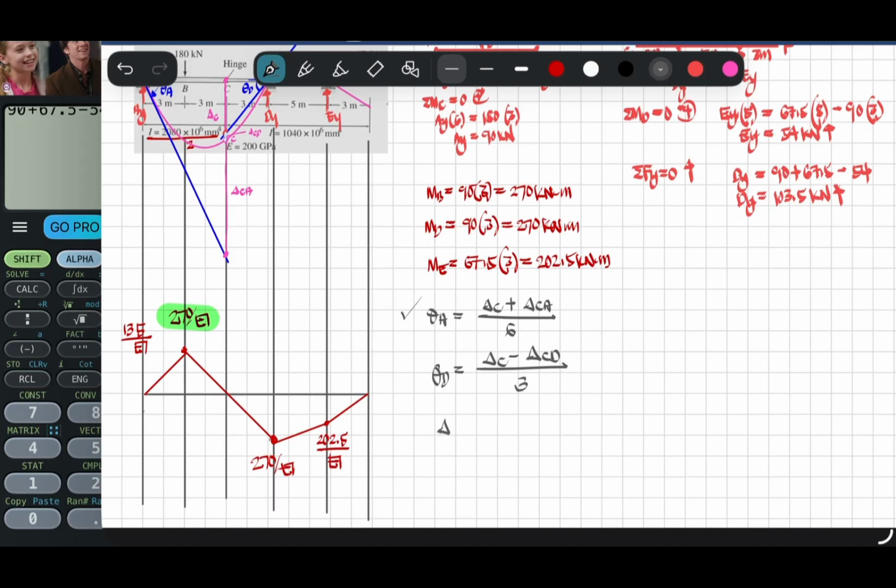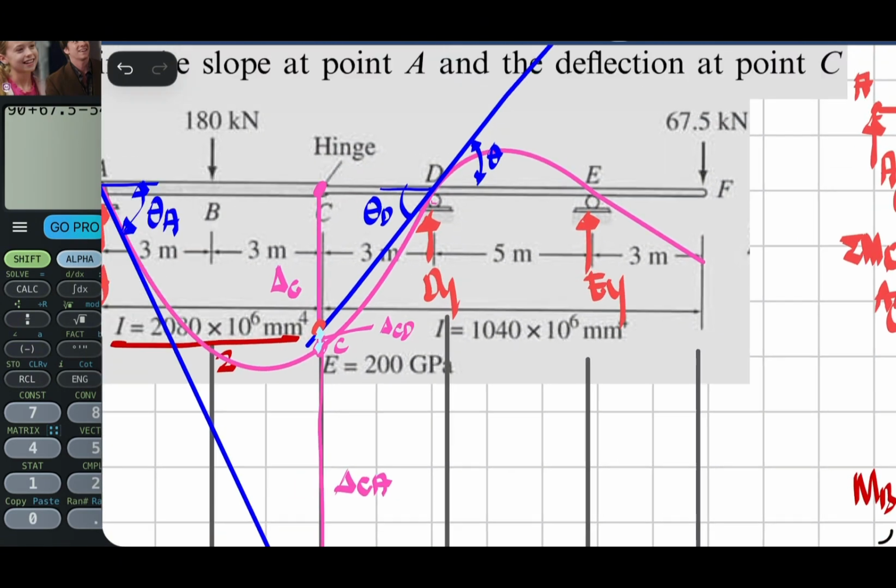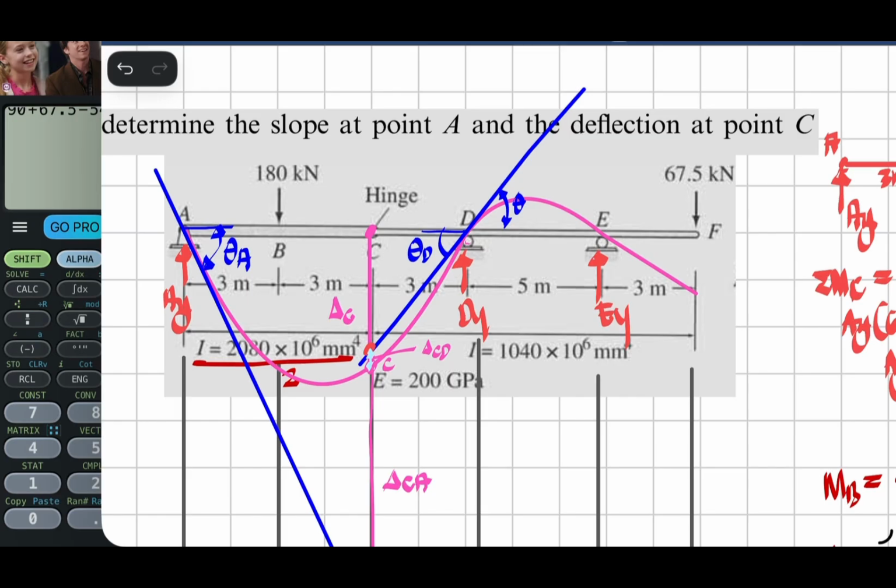Therefore, we can solve delta C, which is equal to 3 theta D plus delta CD. So what we need to solve is CD and then theta D.